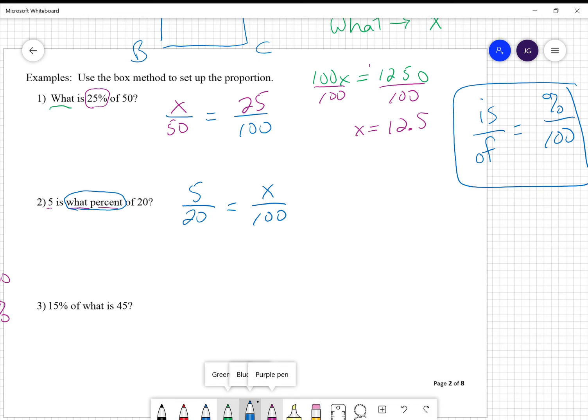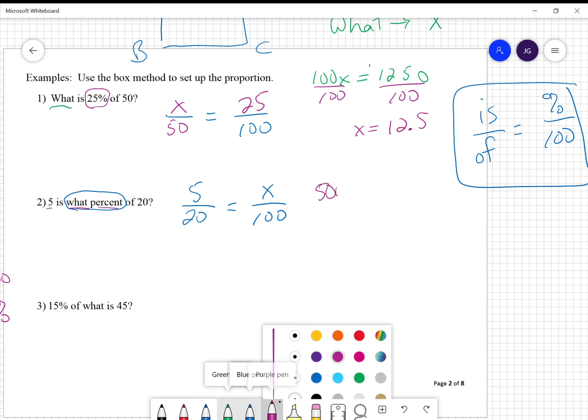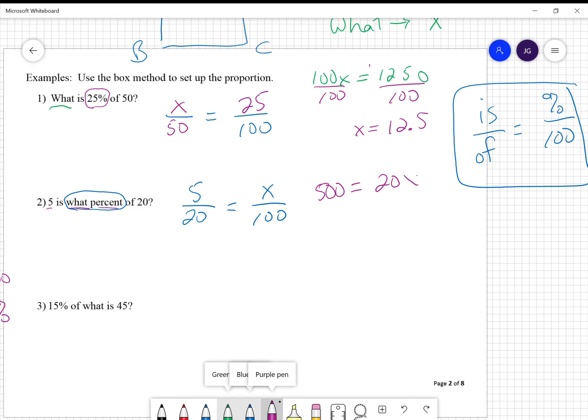Cross multiply. 5 times 100 equals 20 times x. Divide both sides by 20. X equals 25. Now it's a percent, so I have to make sure to write 25%. This also has the advantage over the translation where you don't have to remember to multiply the number by 100 when you're looking for percent.